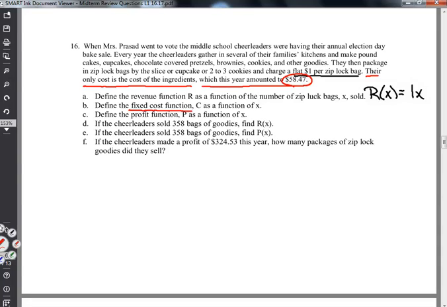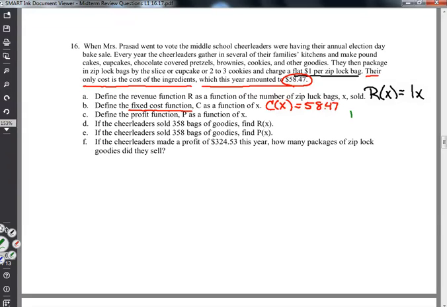So cost, again, it's just saying do it as a function of X. That's how you write it. And it's fixed, so it's not going to change. It's just $58.47. Define the profit function. That's P.